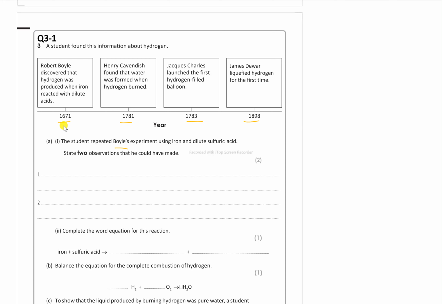The student repeated Boyle's experiment using iron and dilute sulfuric acid. Right, remember the two observations.